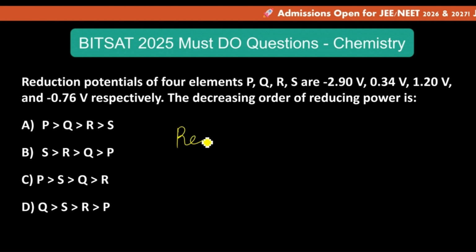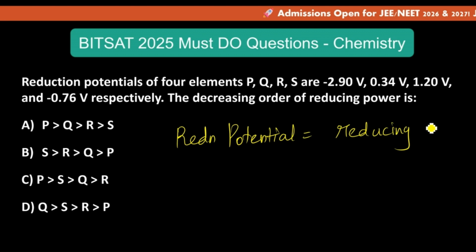The more positive value of reduction potential indicates the weaker reducing agent, and reducing power is inverse to reduction potential.